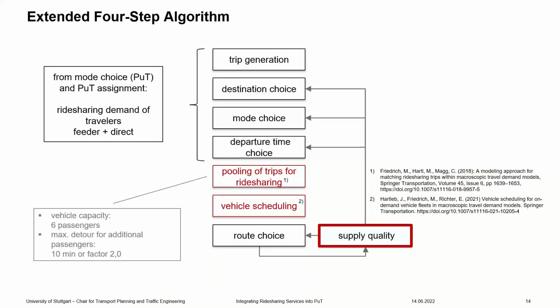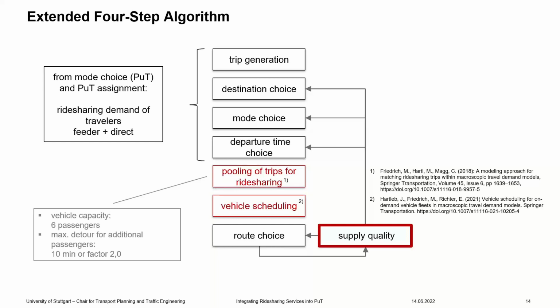So after that, we get our demand from our trip generation, destination choice, mode choice, departure time choice, and a little bit out of our public transport assignment. And this is followed by pooling of the passenger trips into vehicle trips, and then the vehicle scheduling.